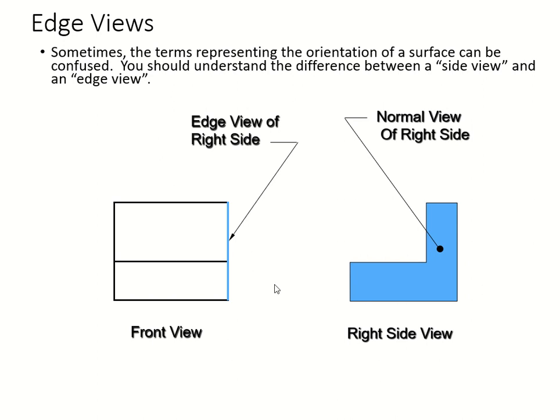All right, now it's a little bit easier to see here in this diagram, because we take it out. Here is the edge view of the right side, and here is the normal view of the right side. See how we draw the entire plane for the normal view, and for the edge view we draw only a single edge. This is an edge, it looks like a line. So make sure you get that. The normal view is perpendicular, and the edge view is parallel to your line of sight.